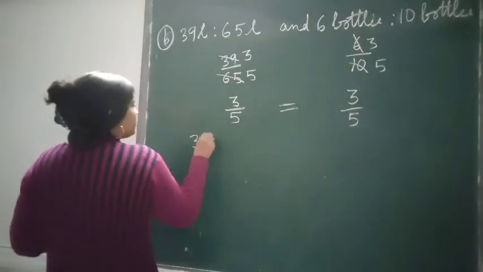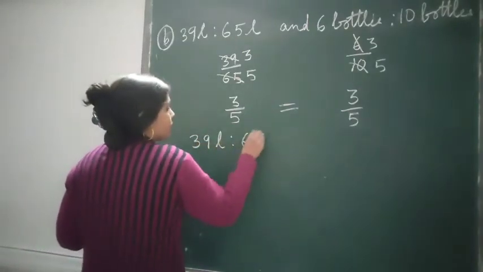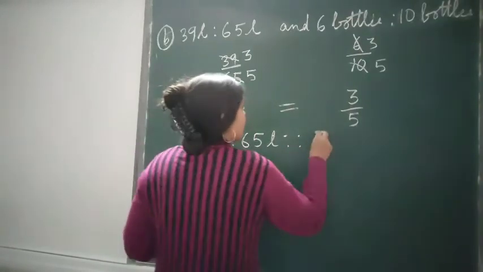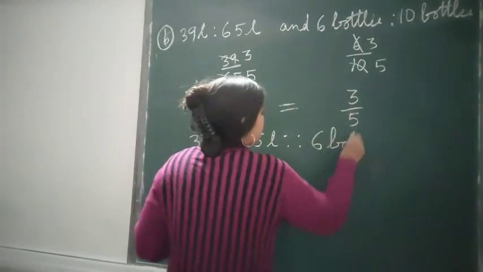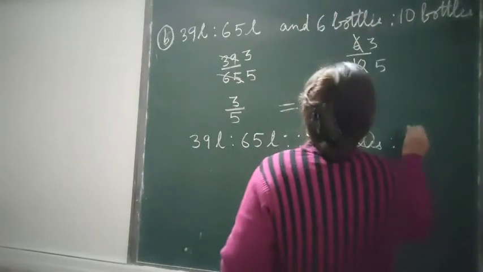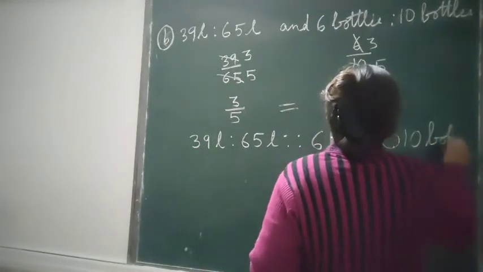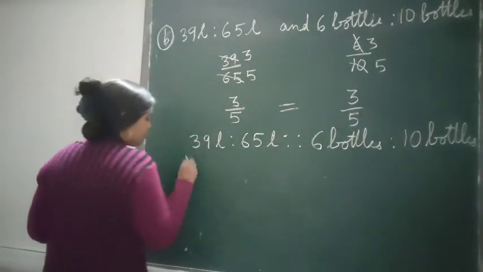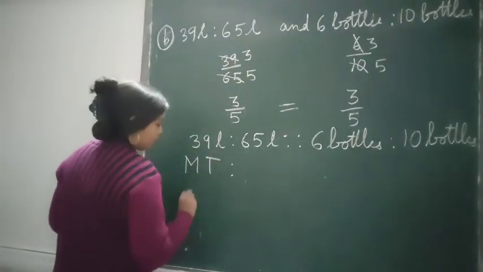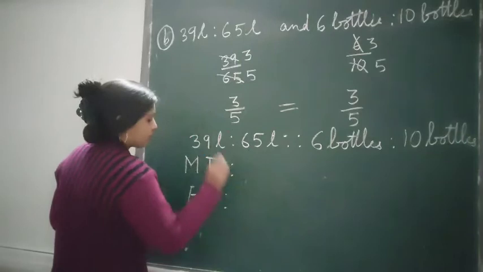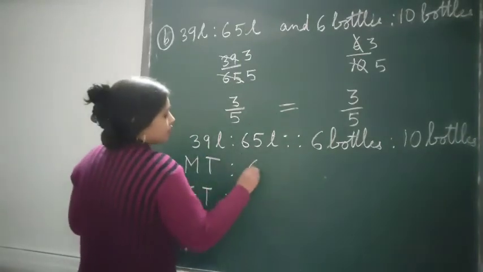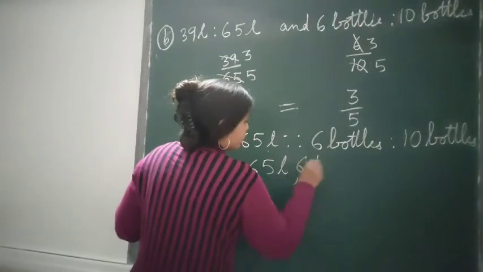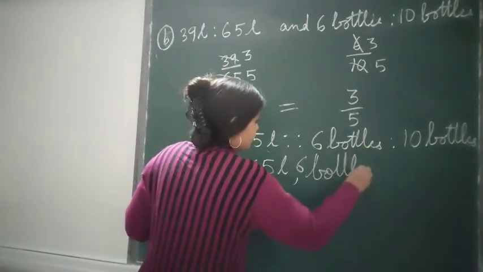That means 39 liters to 65 liters is proportional as 6 bottles is to 10 bottles. Now children, we have to write the middle terms and the extreme terms. What are the middle terms? 65 liters and 6 bottles.